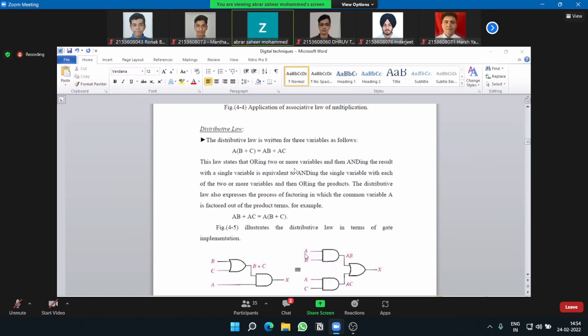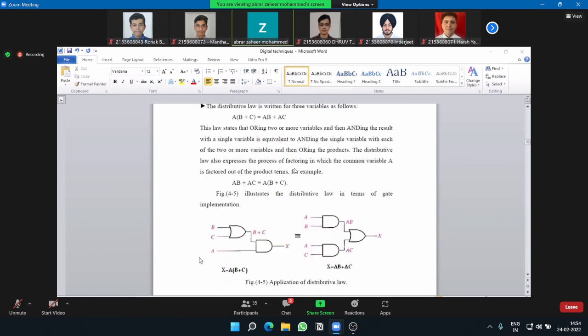Here you can see by using this logic circuit that the two inputs B and C are given to the OR gate, so the output is B plus C. And here we are giving the other input to the AND gate, that is A and B plus C. The output that we get is A into B plus C, which is equivalent to this: we are giving the inputs A and B to this AND gate, so the output is AB.